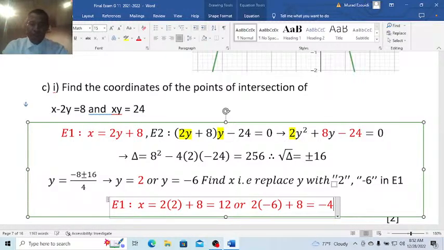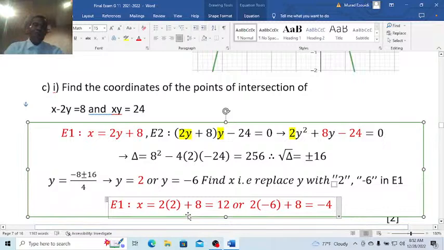Therefore, as a conclusion, learners, x equal 12 when y is equal to 2. The second solution is x equal to negative 4 when y equal negative 6.